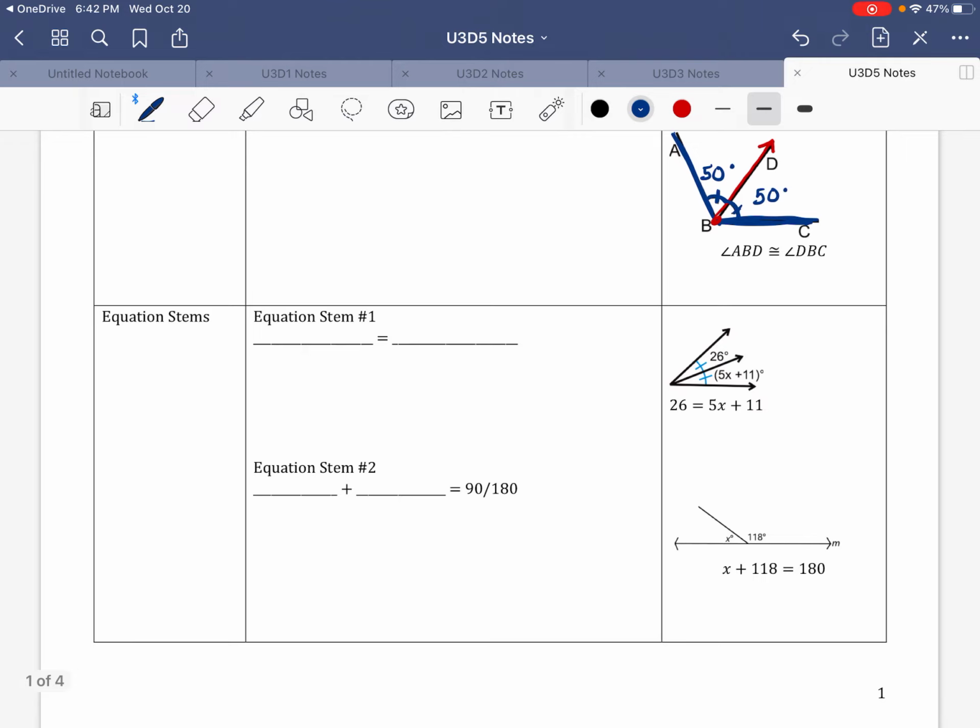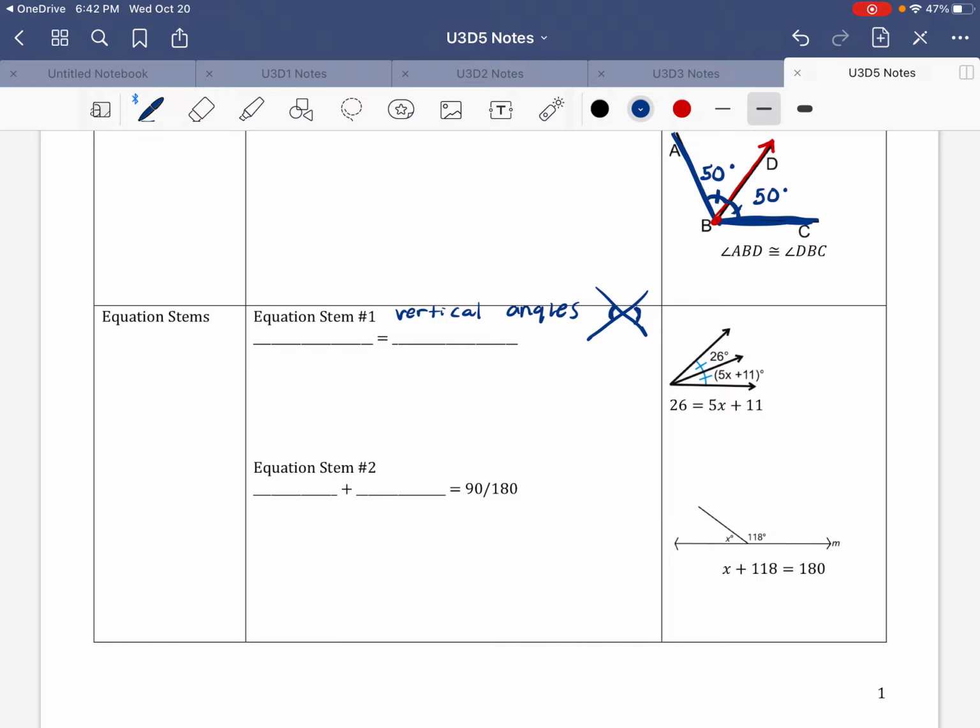Now there are two different equation stems that we use when we talk about these different types of angles. When they are congruent, when we have information that they are going to be the same, then we can use the first one. The first equation stem is really helpful for when we have vertical angles, which look kind of like an X, and they're the opposite angles. We talked about how those are congruent.